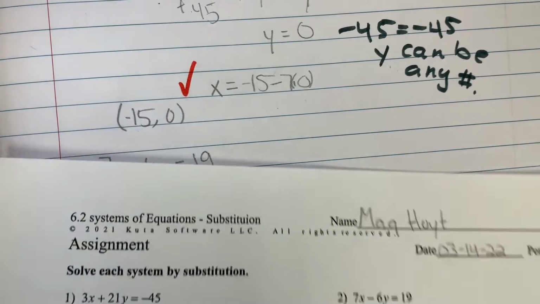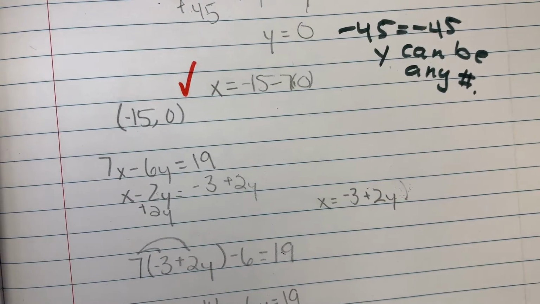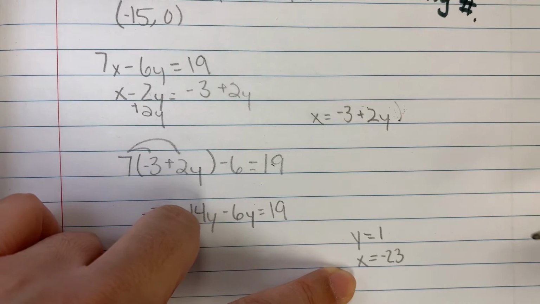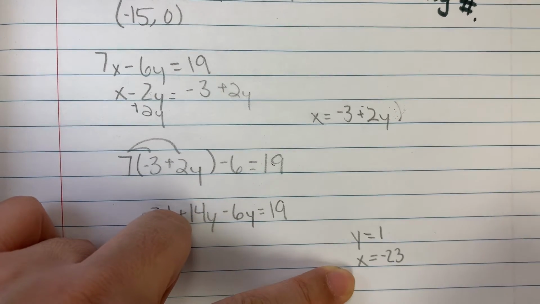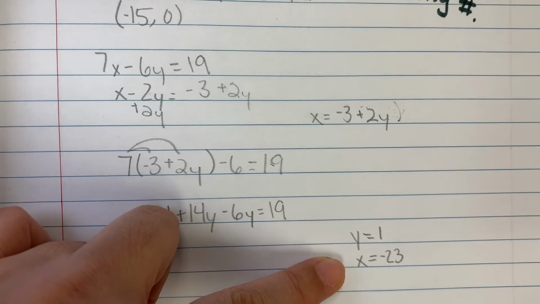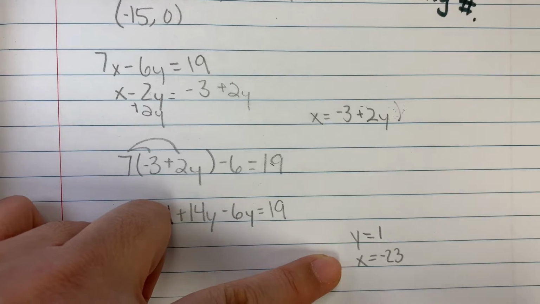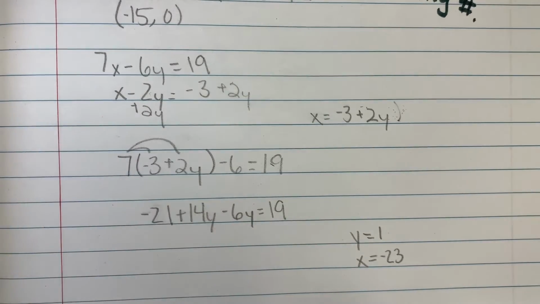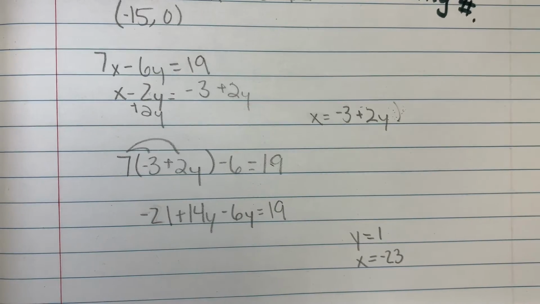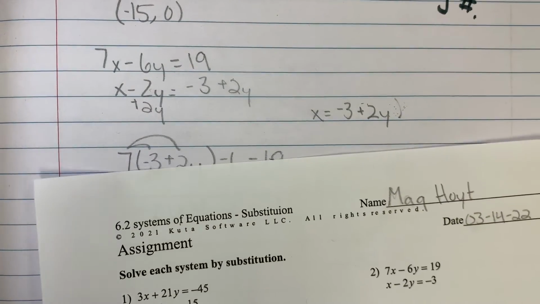So let's just plug it here. You said x being negative 23. Yeah, so x being negative 23, and you plug it here. Then what do you get? Negative 23 plus the 7 will get you negative 15, right?